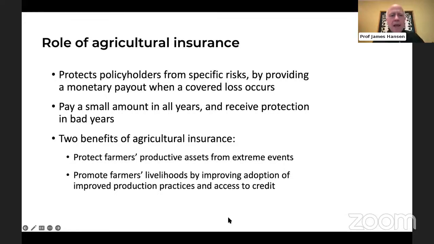So insurance sometimes protects the farmer's productive assets from extreme events. We can think of insurance for livestock, preventing loss or compensating for loss of animals. But it also can promote farmers' livelihoods by overcoming risk as a constraint to improve production practices or improved access to credit.